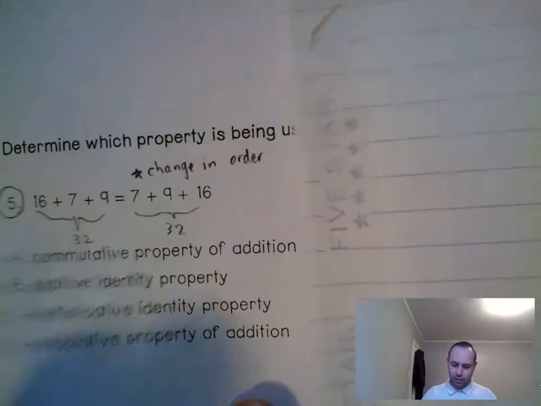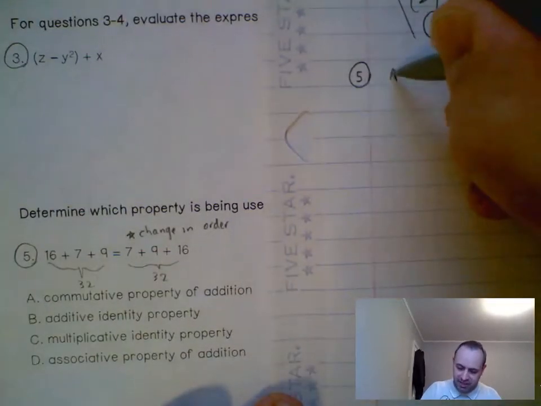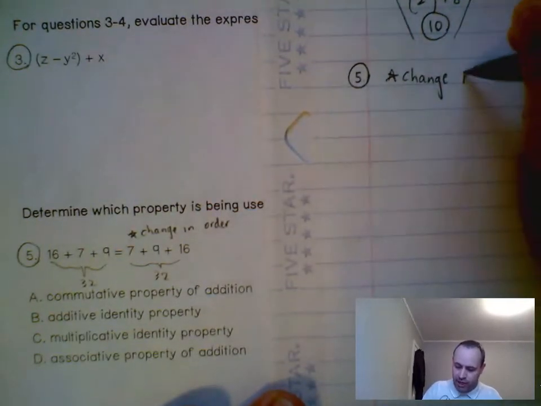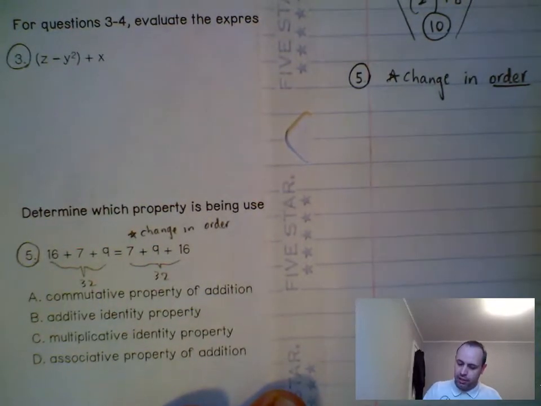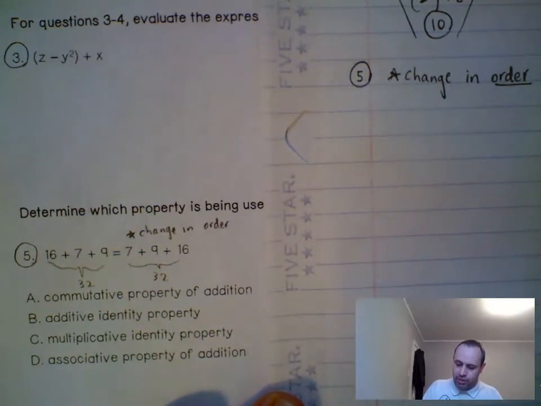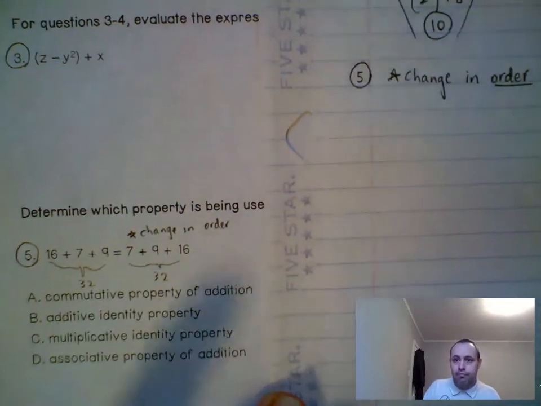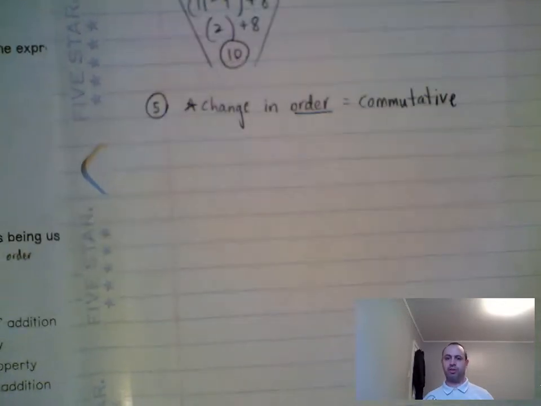So you can show your work here on your separate paper by saying something like a change in order equals commutative. So a change in order is commutative.